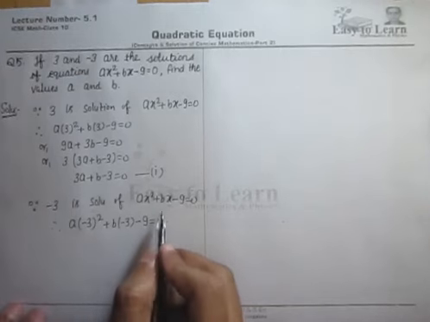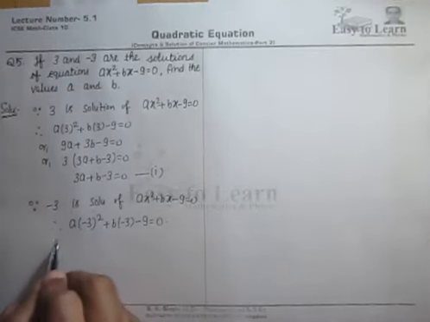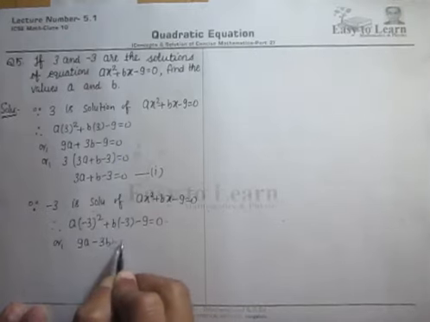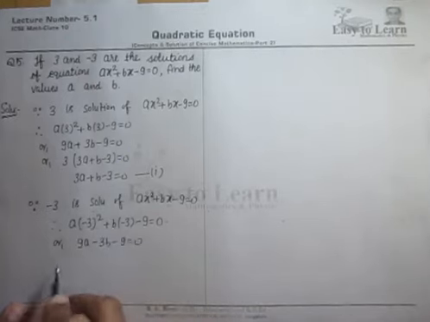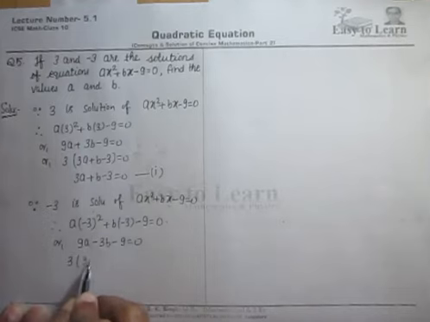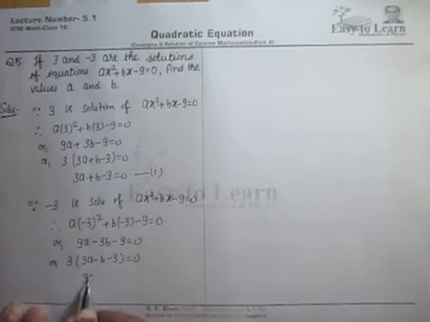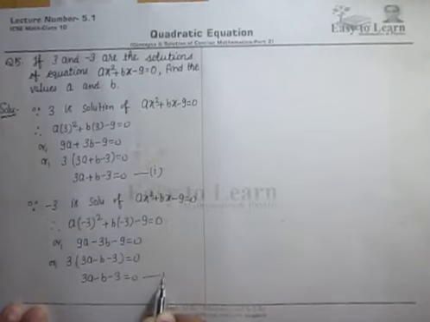It must satisfy the given equation, or 9a - 3b - 9 = 0. Now taking 3 common, so 3a - b - 3 = 0. So we are getting another equation, 3a - b - 3 = 0. It is equation number 2.